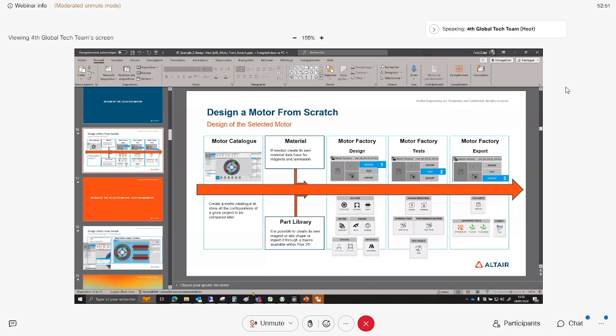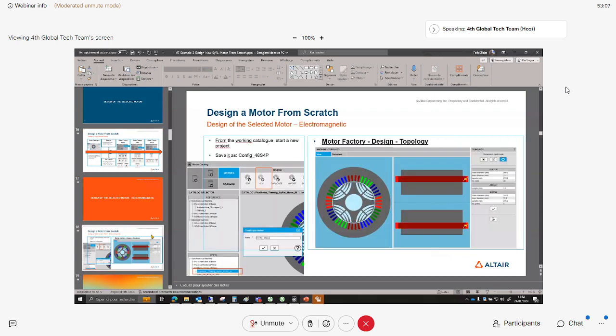Because you already have the shape of the rotor, you can keep the material you chose. You don't need to use the part library because you have enough shape for the rotor and for the stator to start with.